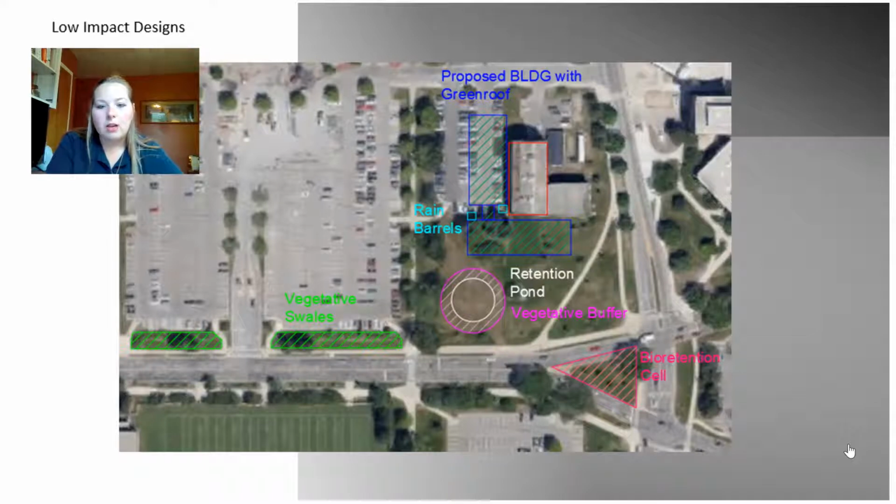And then shown in green are the vegetative swales, and they were placed here to provide extended time for water runoff from the roadway to infiltrate into the soil before collection in the retention pond. Vegetative swales are channels or depressed areas with sloping sides covered with grass and other vegetation.